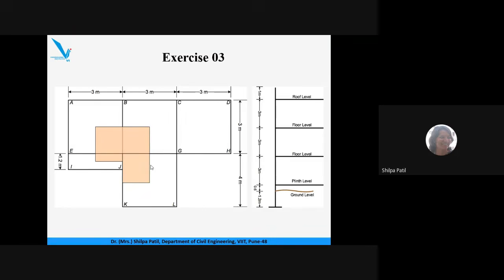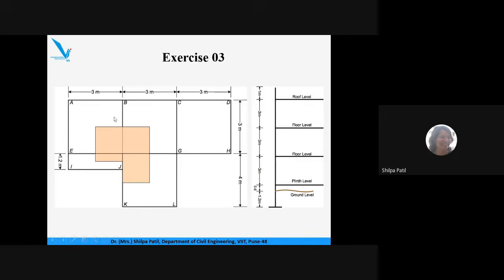So this requires the full knowledge of how the load is transferred from slab to the beam to the column, or even if that much time is not available, how we can directly transfer the load from slabs and beams to the column, and how to design the column quickly. For that, this is the approximate method.